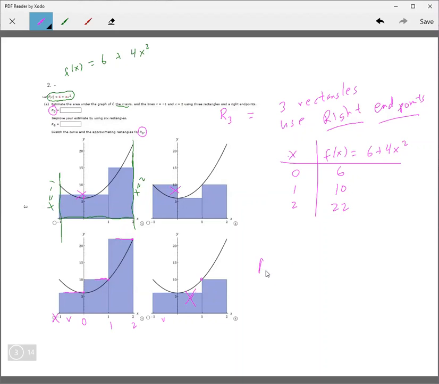And so for the area, remember the length of each of these is 1. Let me circle that so there can be no doubt.